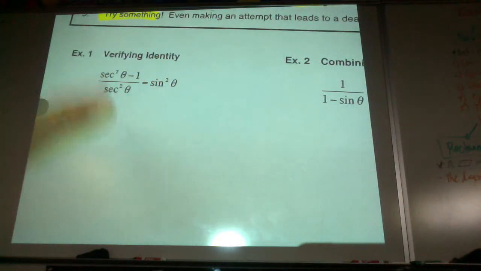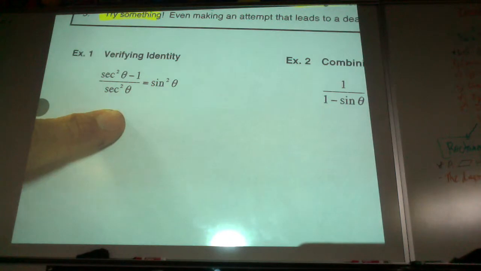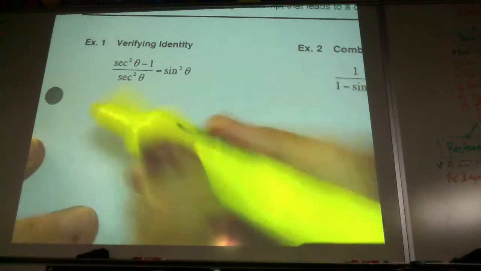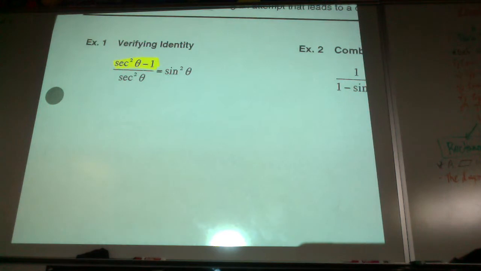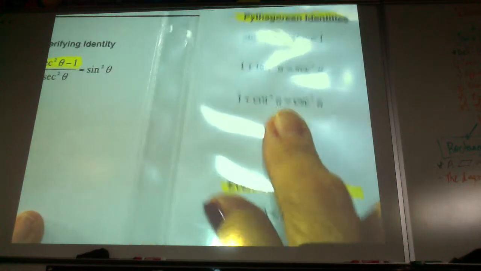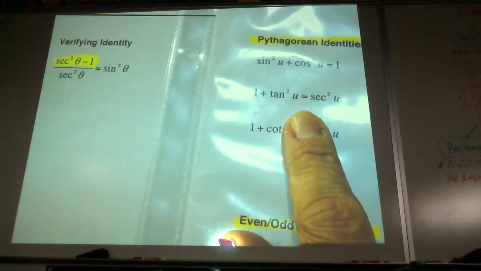Oftentimes I don't necessarily want to substitute both of them out, because then I might end up with something more complicated. I'm trying to go for simple. Or I could substitute this entire numerator with what? It's your identities. Could I get one side to be secant squared minus 1?